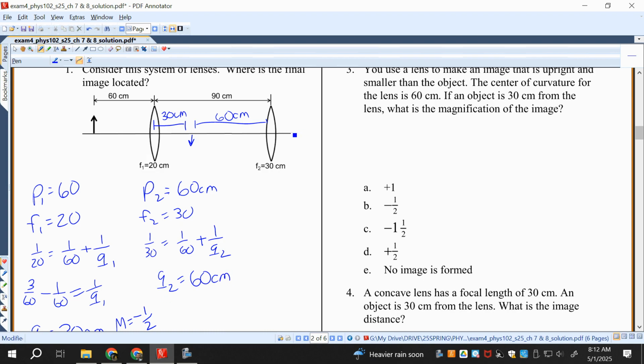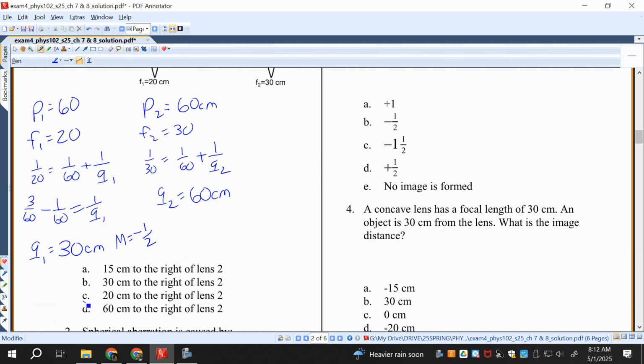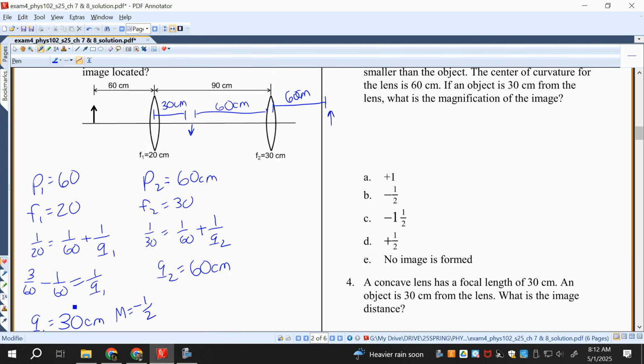So my image is going to be 60 centimeters to the right of lens 2. By the way, the magnification M2 is negative 60 over 60, or negative 1.